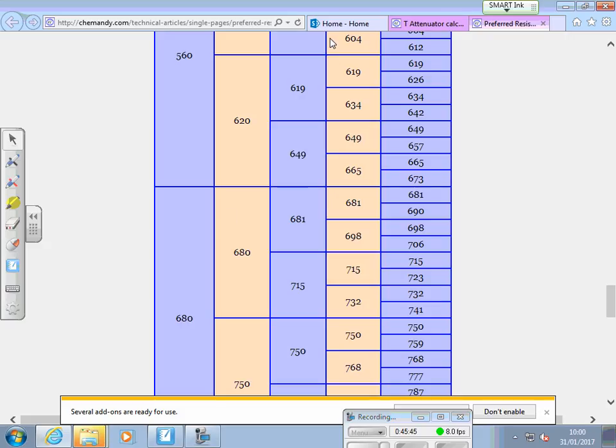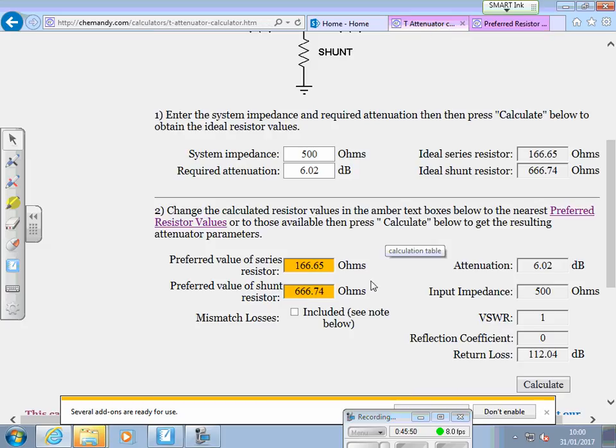What we can now do is go back to the calculator and enter preferred values. So what was it? 150 was one of the options, wasn't it? The apparent best option here was 680.